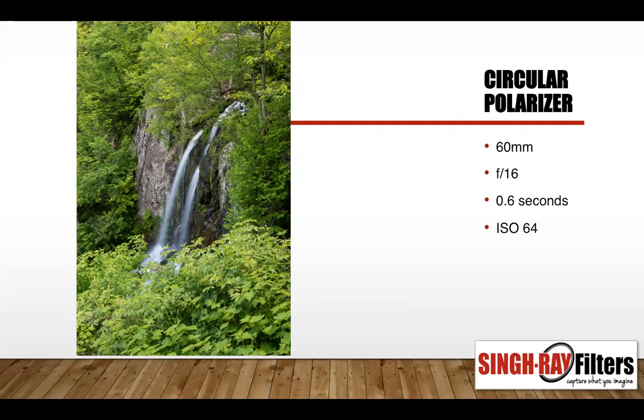It's not hard to get there, especially in overcast light like this image, because you're starting with less light anyway, and this waterfall is tucked into the shade as well, so that helps. So there's no need for me to use an ND filter to slow it down any further.